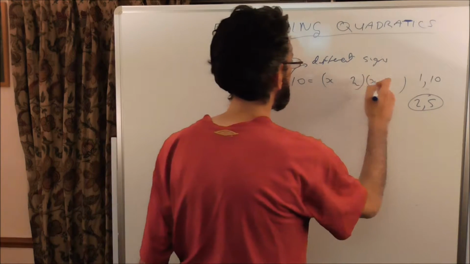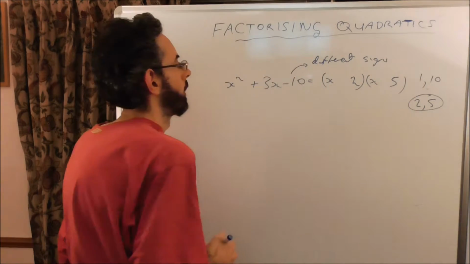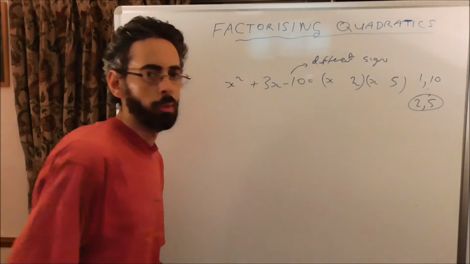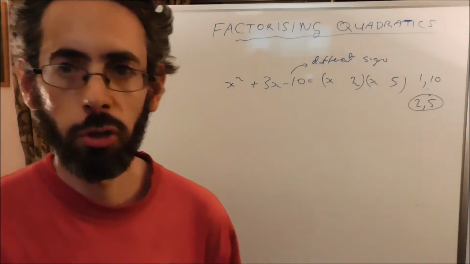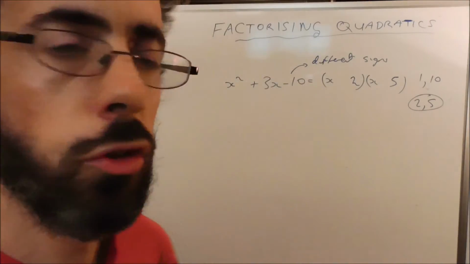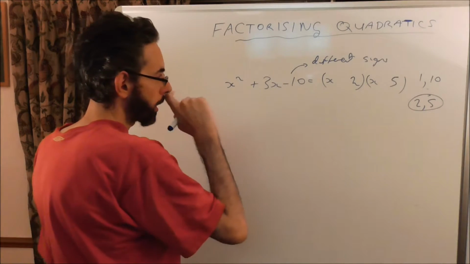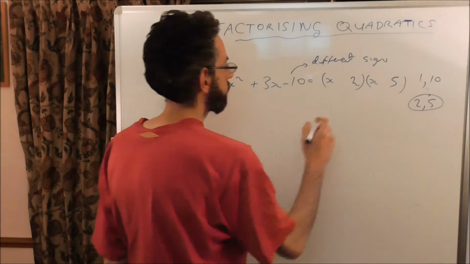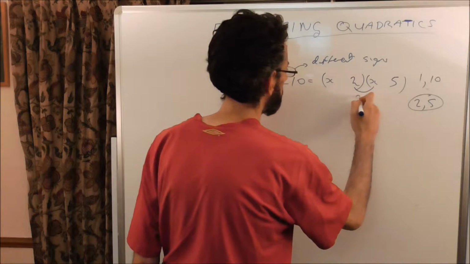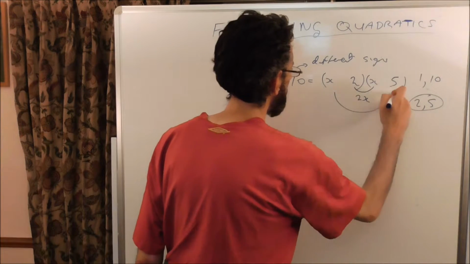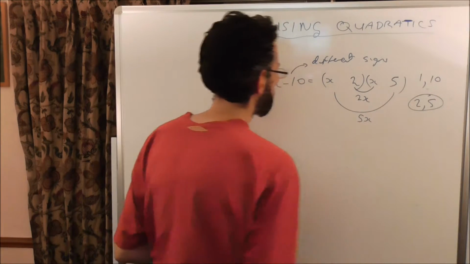So 2 and 5. Is it plus 2 and minus 5, or is it minus 2 and plus 5? Now we've got to decide which one's which. Well, when we expand the brackets, we want to get 3x. At the moment we've got 2x here and 5x here.